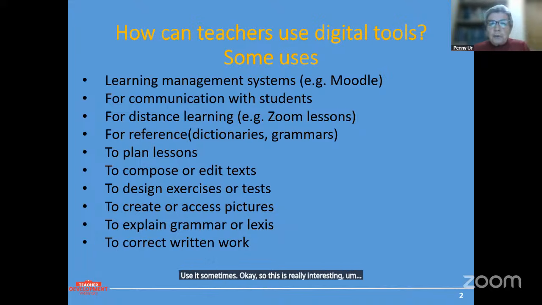Okay, so this is really interesting. All of you, in fact, use the technology in one way or another, either sometimes or even frequently. Very few people don't use it at all. And I think this is fairly typical, although it's typical of people who, like you, are really interested in professional work, and in the way you function as teachers.